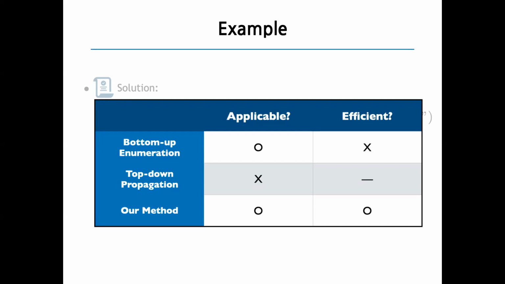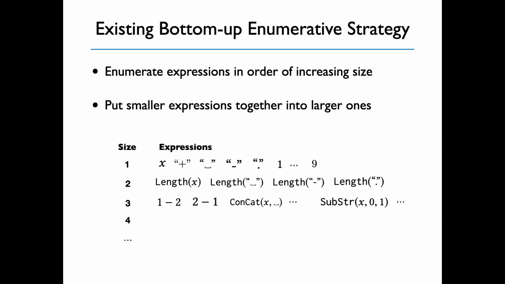Our algorithm can efficiently solve this problem. The existing bottom-up enumerative search searches for the solution by enumerating programs generated by the given grammar in order of increasing size. Small expressions are put together to construct larger expressions.